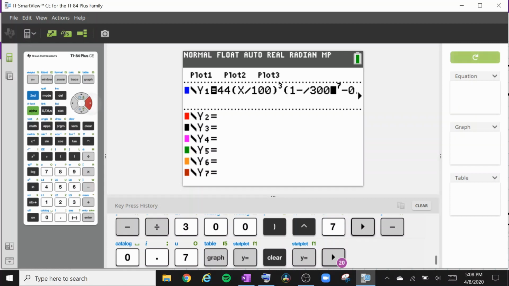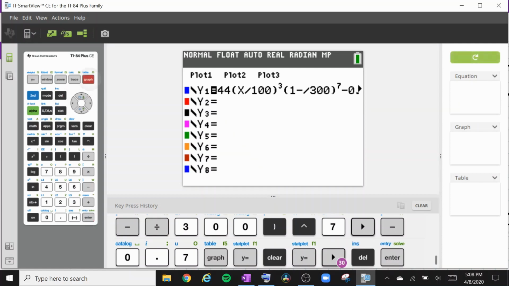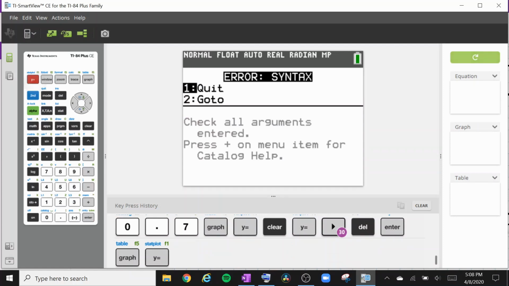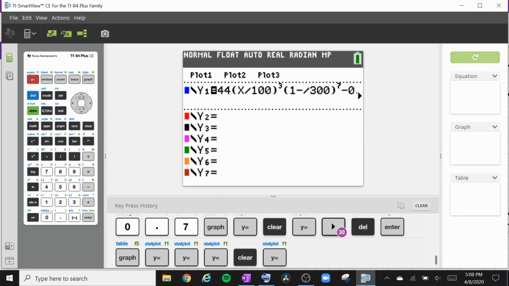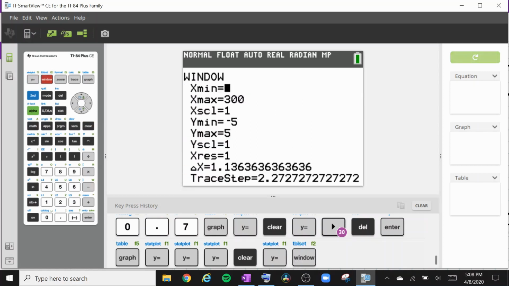Here's our function here. And I plugged in something wrong into the graph. Maybe it's the window.